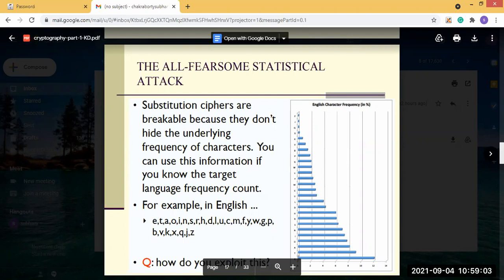So if you observe in English, the characters E, T, A, O, I, N, S, R, H, D, L, U, C, M, F, Y, W, G, P, B, V, K, X, Q, J, Z. These letters come the most. The frequency of these letters is maximum.